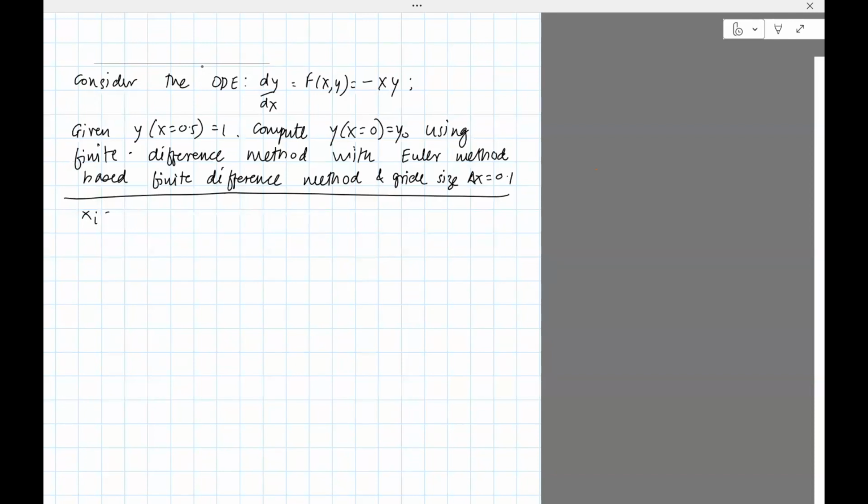So xi is 0, 0.1, 0.2, 0.3, 0.4, 0.5. What we need to do here is create variables for yi, the unknowns. So we have y0, y1, y2, y3, y4, and y5, right? There are 5 unknowns for those 5 grid points.